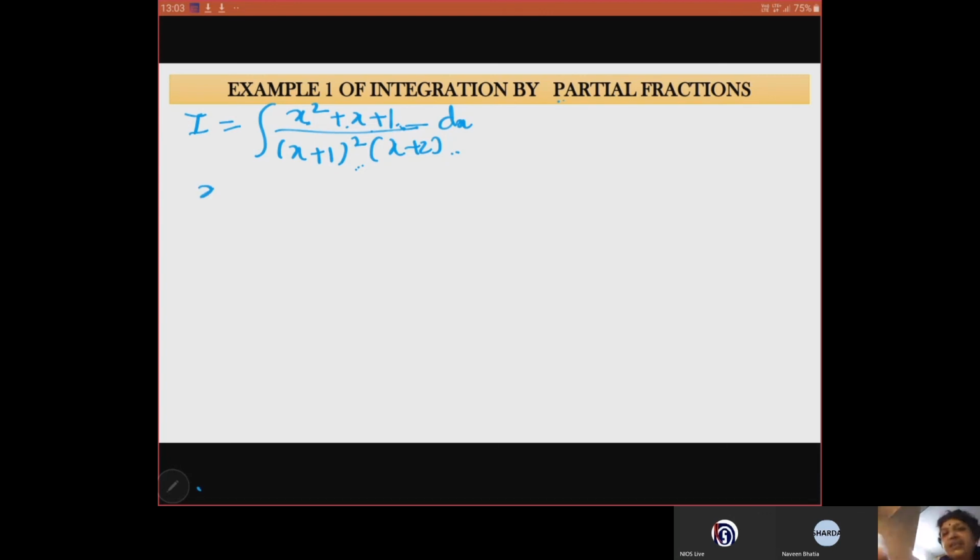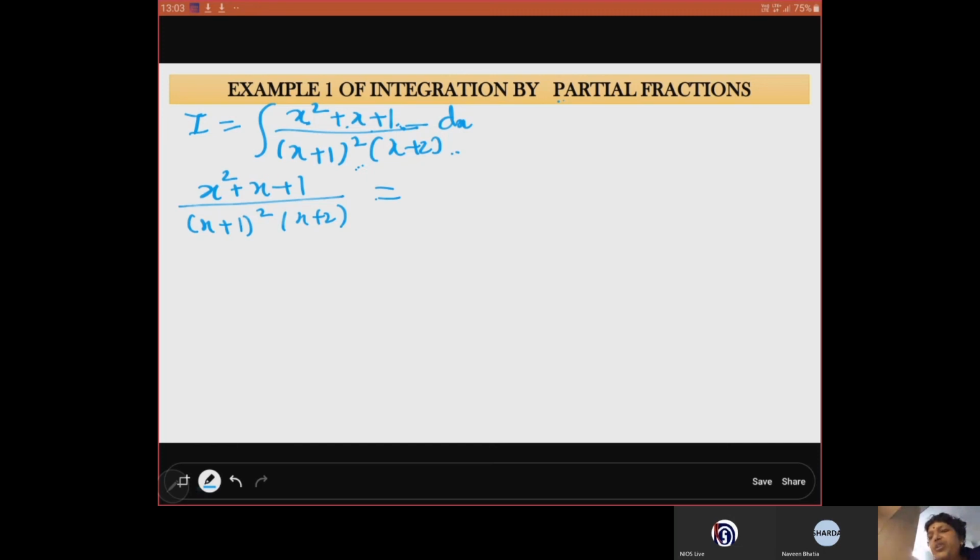So I write x squared plus x plus 1 upon x plus 1 whole square into x plus 2. Now this rational function, I have to split it into smaller rational functions. So what would be the denominators?